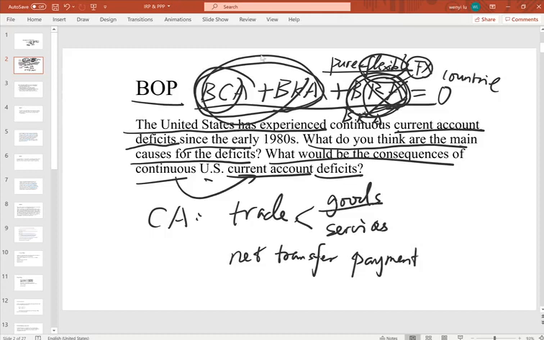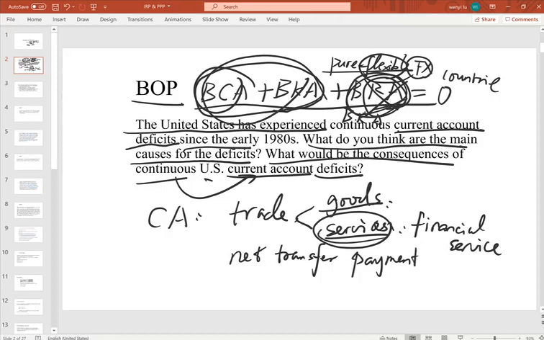The goods include consumer goods and other physical goods. The services include restaurants, hotels, and also, most of the service the US exports is financial service, for example banking and the commissions for stock trading.